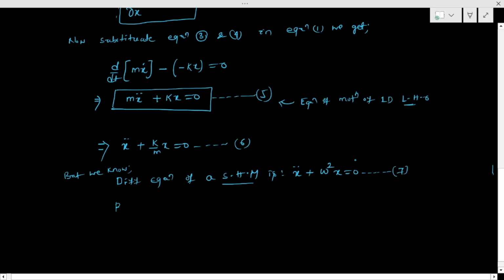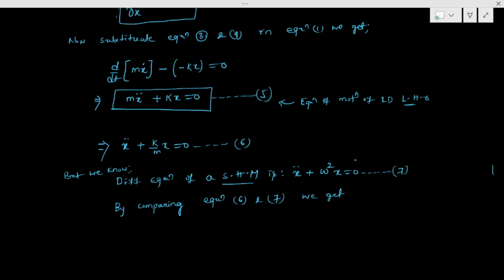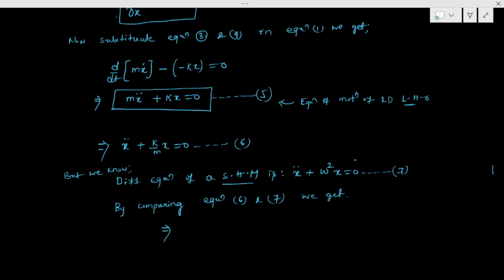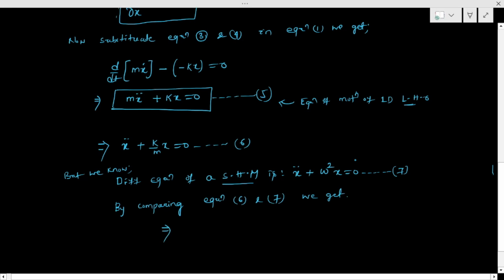By comparing equations number 6 and 7, we get, see both the equations are in the same format, the first term is the same, the second term is also the same, the RHS is also the same.